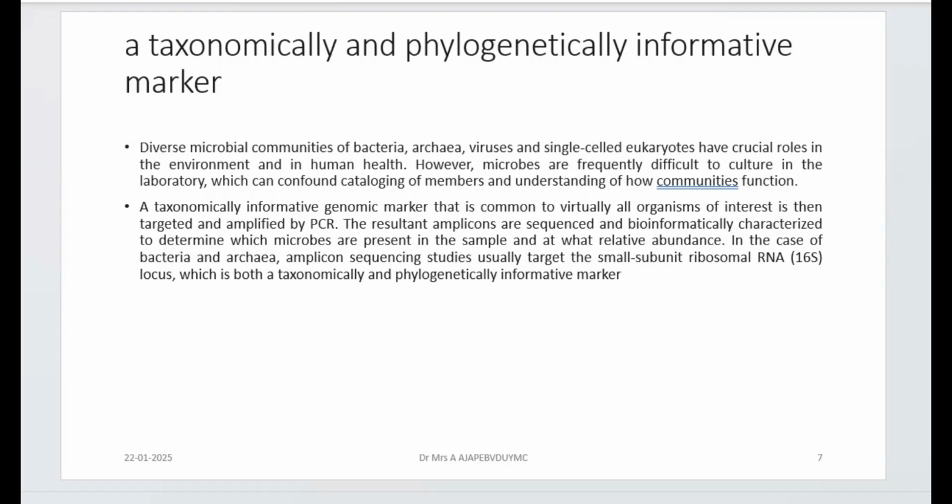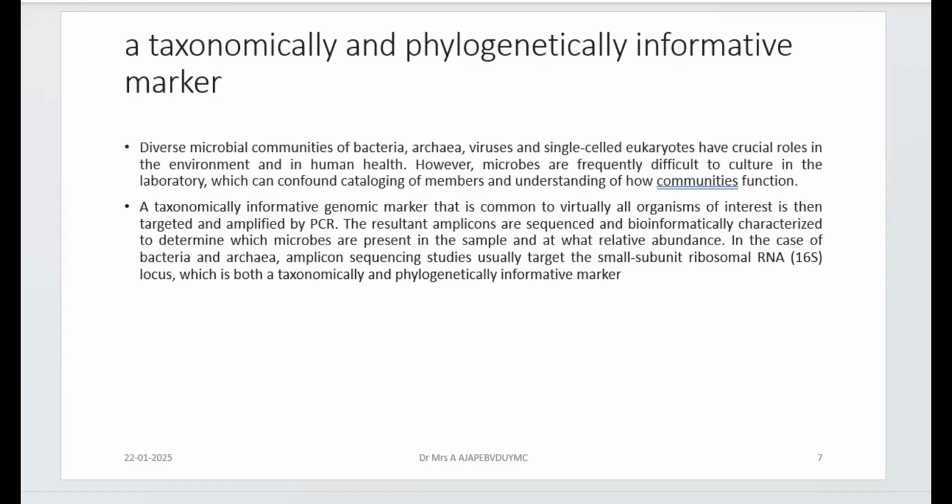We all know that eukaryotes, prokaryotes, all these communities, and their cataloging is done with the help of these sequencing methods. But the concern is you have many organisms in the system, and how do they interact?